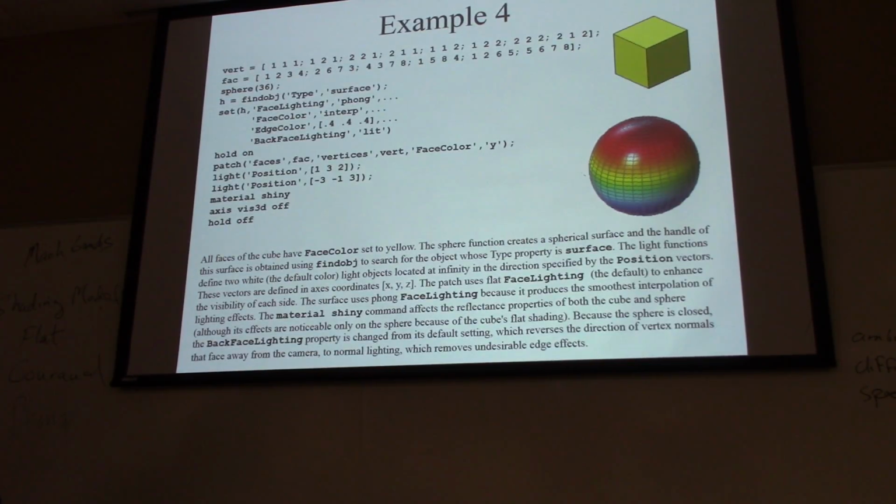So here's another example. We've got a sphere, and we have a cube that we're generating. First one is the sphere, and then we're creating a patch below.